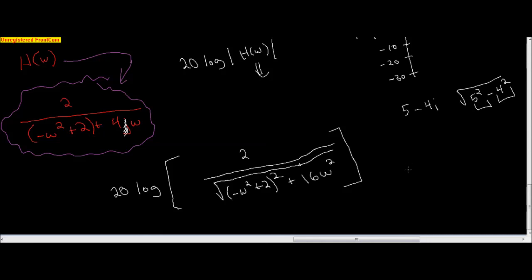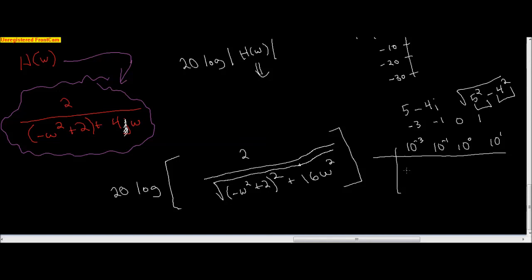So basically all we have to do is plot this function for different values of omega, and on the graph we're going to plot -3, -1, 0, and 1. So for a logarithmic graph, this corresponds to 10 to the -3, 10 to the -1, 10 to the 0, and 10 to the 1.